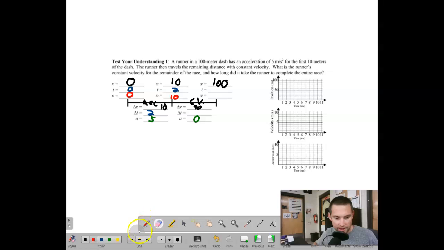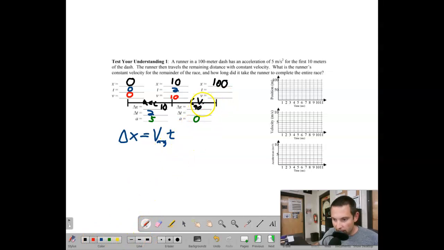Now let's get that second delta t out of the way. Just plugging along. We're starting at 2 seconds, so we're going to figure out what we need to add to see how long it actually took this runner to complete the race. We have our displacement. Displacement equals average velocity times t, and the average velocity, we don't know. Oh, yes, we do.